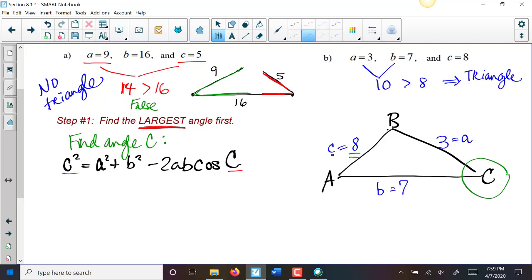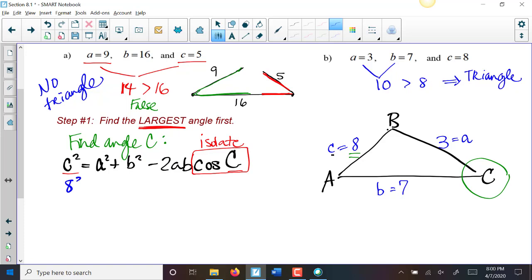These two are always opposite side and the angle opposite. So if I'm not finding side c, then I'm finding angle C. So what I need to do is isolate the cosine of C, and then I can find out what angle C is. Okay, so substitute in.